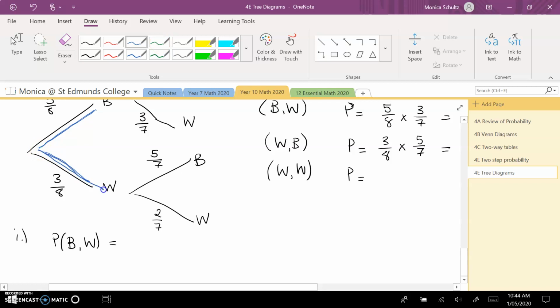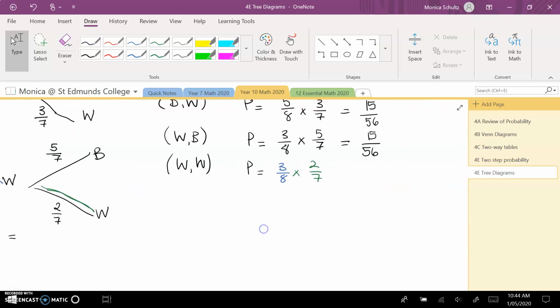When I have my white in the first option, I had 3 over 8. And then in my second option, I got another white, and I got 2 over 7. So for this one, I've got 3 times 2 is 6, and then 8 times 7 is 56.